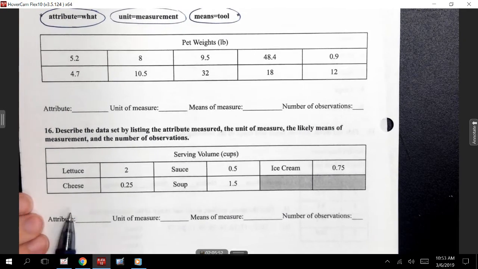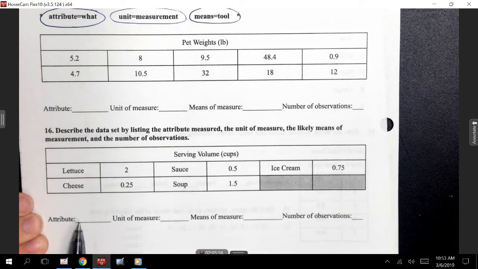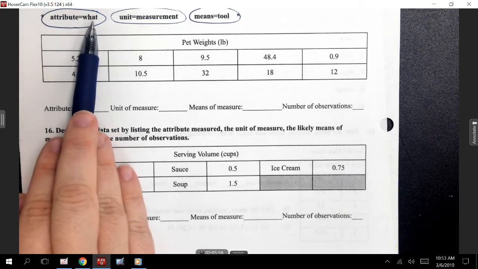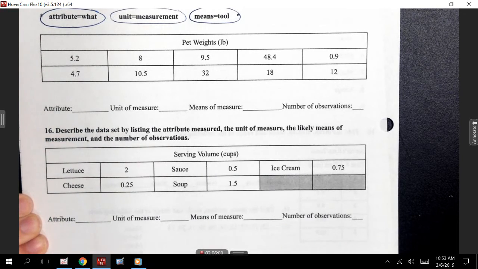The first thing it says is attribute. So when I look at this chart, guys, what is this chart talking about? Remember, attribute means what is this chart talking about on number 16? Sean? It is talking about food. I got lettuce, cheese, sauce, soup, ice cream. But it's talking about something a little bit more specific about the food.